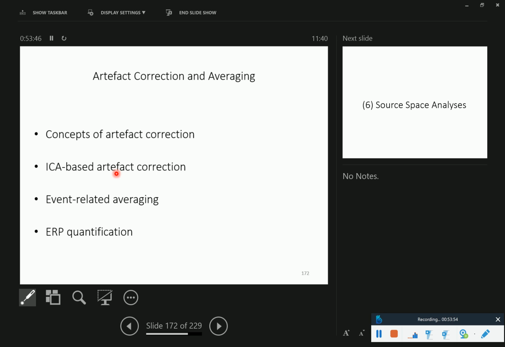But what I then want to follow this up with in the last sessions is actually how to make sense, if you have an ERP, of where it's coming from. So that would be source space analysis, or not to do ERPs at all, but do frequency analysis because of this latency variability issue. Questions at this point?